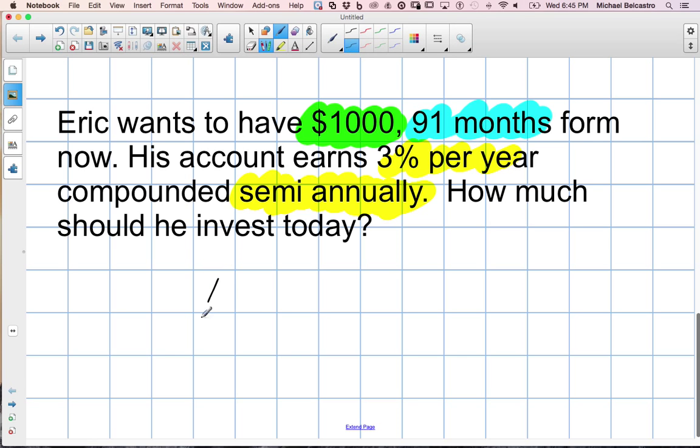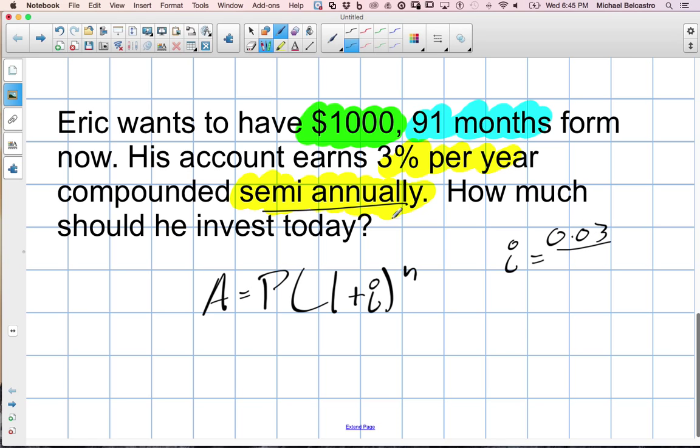So we're looking at A equals P times 1 plus i to the n. We know i is the interest rate, 0.03, divided by semi-annually. Semi-annually is only twice a year. So when you divide that in half, your i value is equal to 0.015.